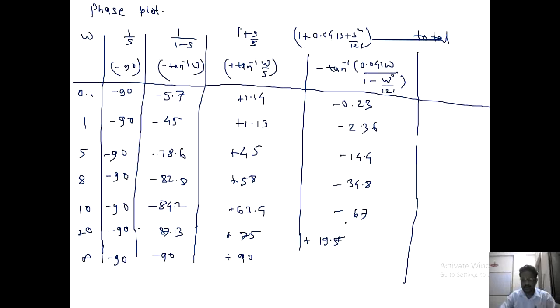The whole column is a value with a minus sign, but suddenly for one particular value it is plus 19.5.